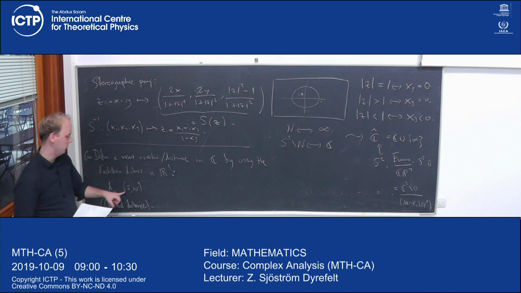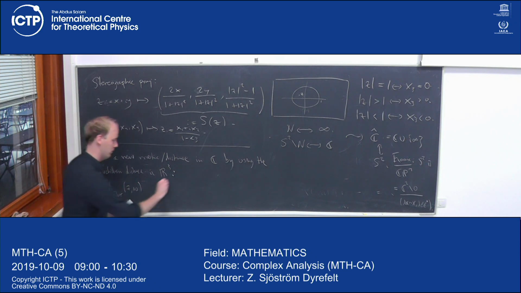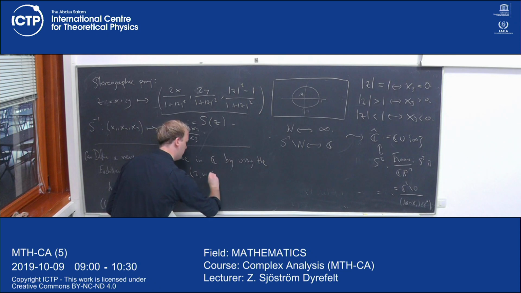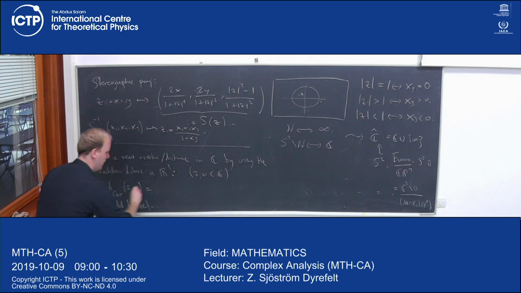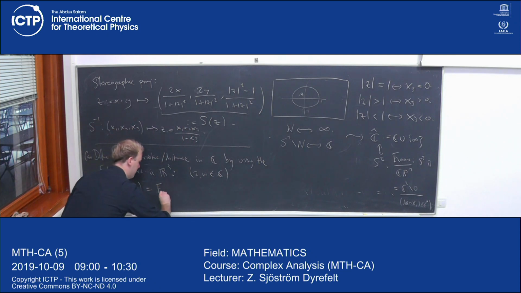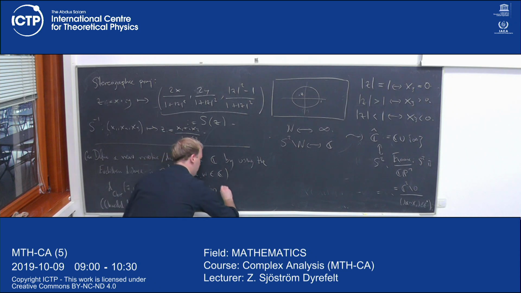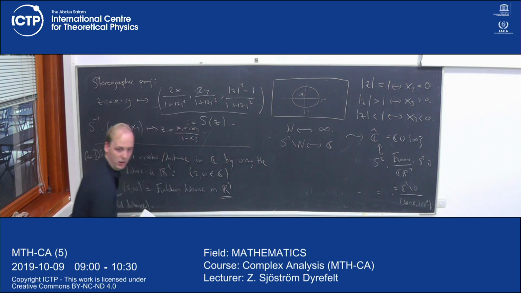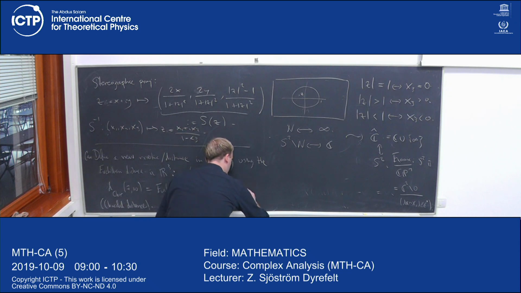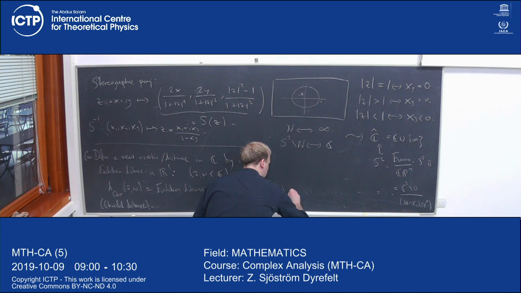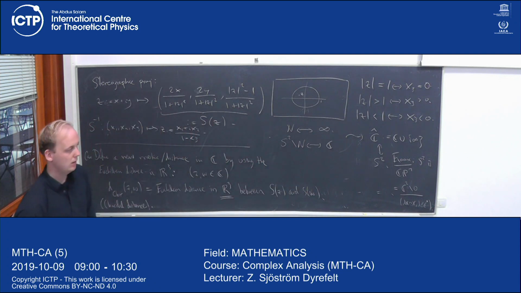So the distance between 2 points now in C, Z and W in C, is defined as the Euclidean distance in R3, so this is important, in R3, between S of Z and S of W. Okay?